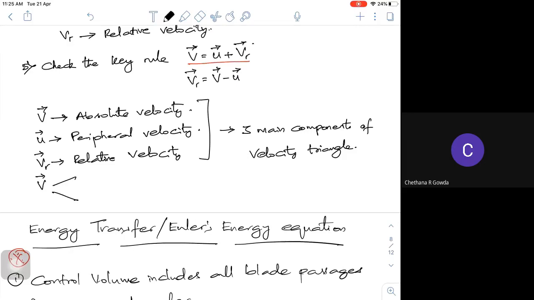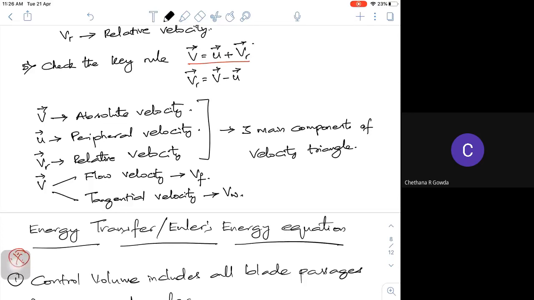One is the flow component, which is your Vf, and the tangential component, which is Vw. So now I'm left with how many components of velocity? V absolute velocity, U peripheral velocity, Vr relative velocity, Vf flow velocity, and tangential velocity or whirl velocity, which is Vw. So using all these components, we'll try to draw the velocity triangles.